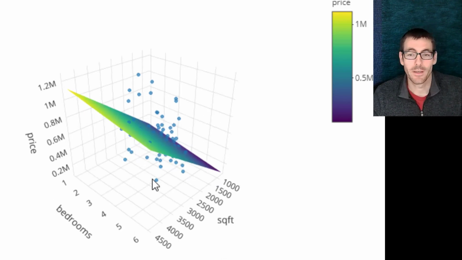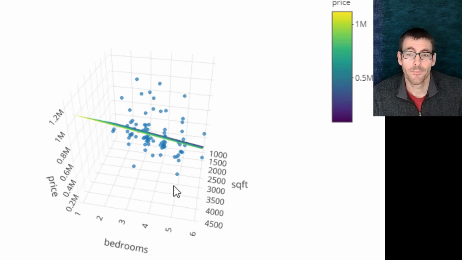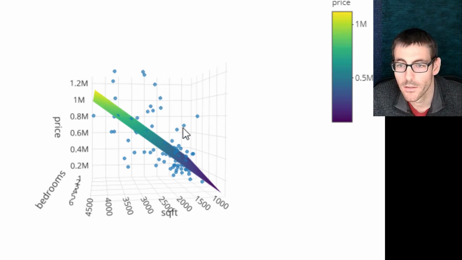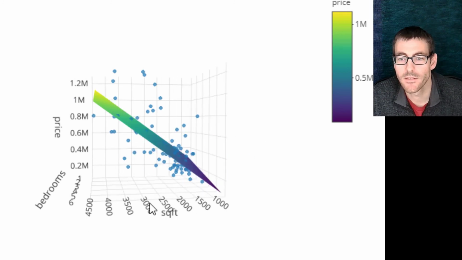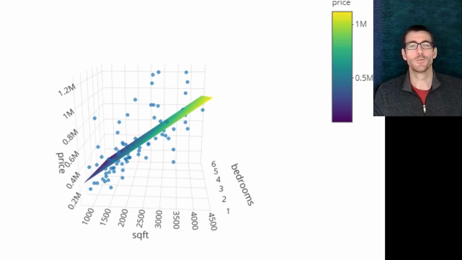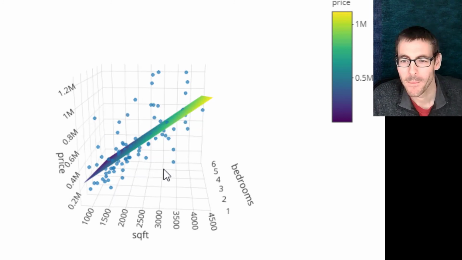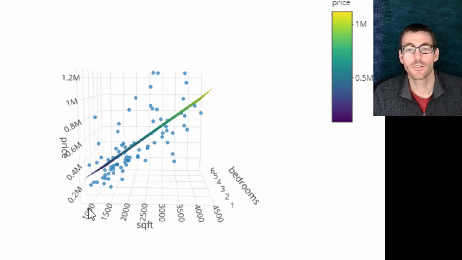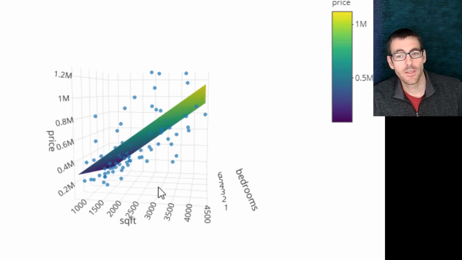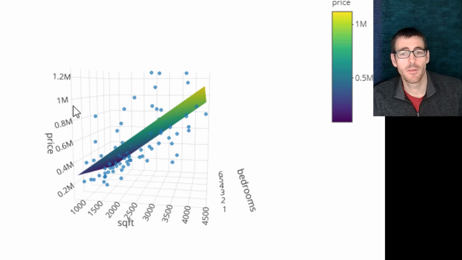That said, we do have this 3D plot, and I wanted to point out a couple features of it. The first is that if we're just comparing square footage to price, then as the square footage increases, let's take a look at that. If you spin it around too much, it gets a little confused. Okay, so we're comparing square footage to price, and as the square footage increases, the model is expecting the price to increase, which makes sense.